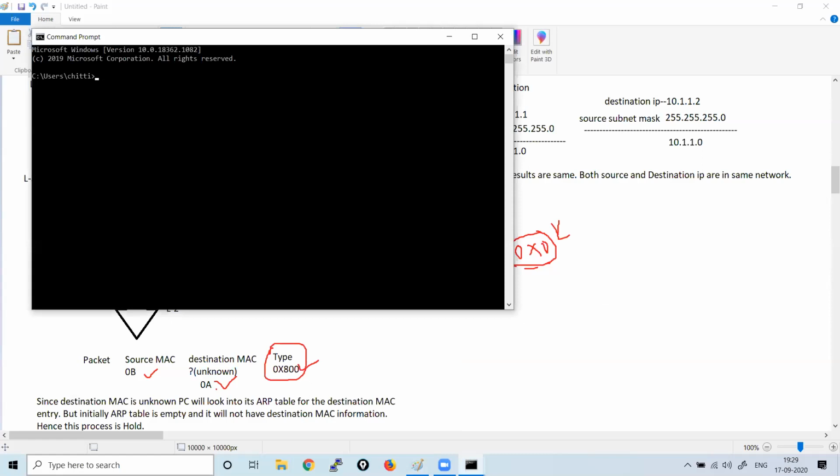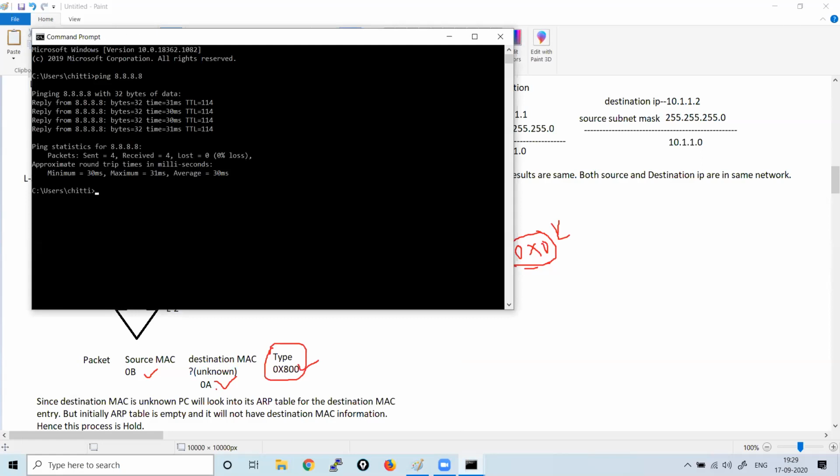At the back end there is some timer running. The reason the timer runs is simple: it cannot be that it has sent the request and the reply has come back without a certain time frame. Now it is reaching and we are getting a response, but what if it is not responding? Till what time should I wait?